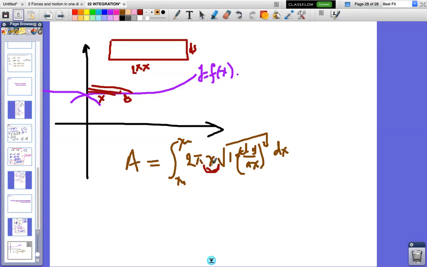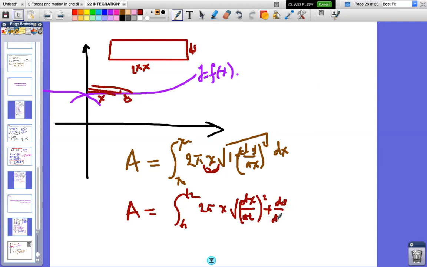So instead of 2 pi y, you have 2 pi x. And if it's in parametric form, you have the integral from t1 to t2 of 2 pi x square root of (dx on dt) squared plus (dy on dt) squared, dt. Okay.